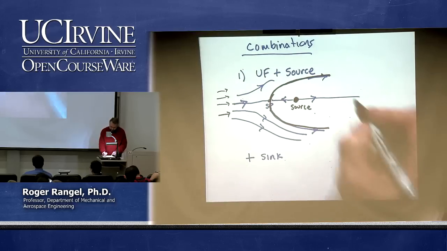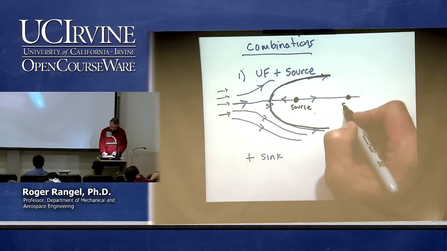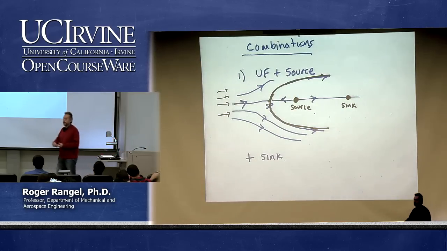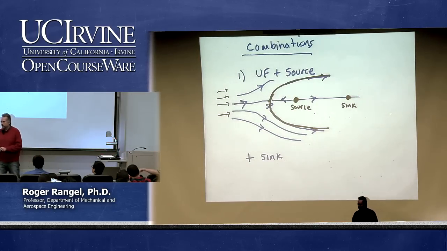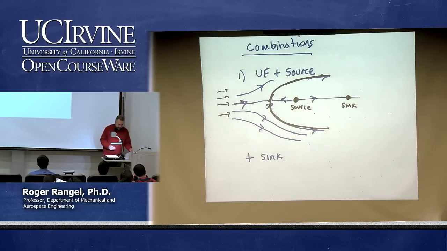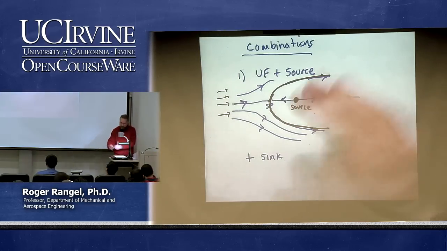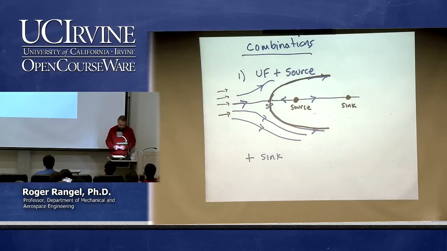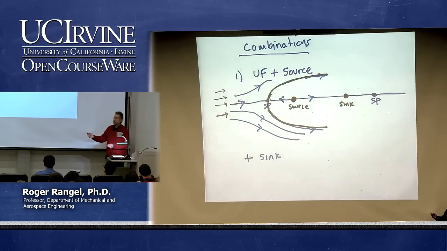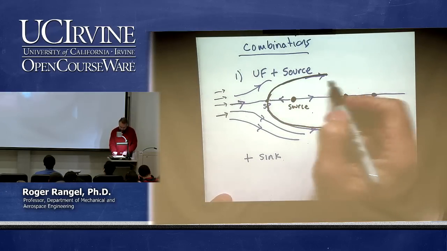But if I now come and put a sink here, in addition to that source, so now I have a source, a sink, and uniform flow, with the source and sink at different positions. Then, of course, what that does is it does the opposite on the back side, right? So you would find out that there is a stagnation point back here, and a second stagnation point, and then the problem just does the opposite in the back.